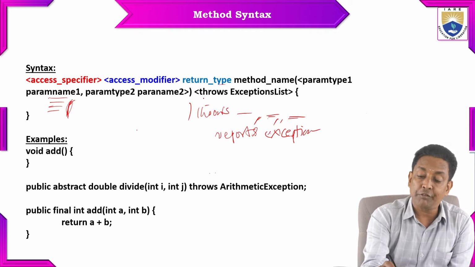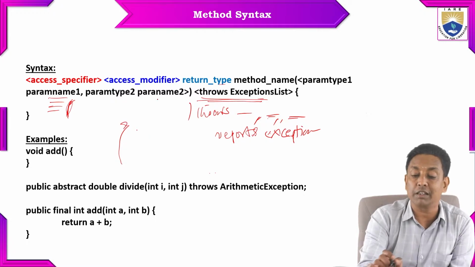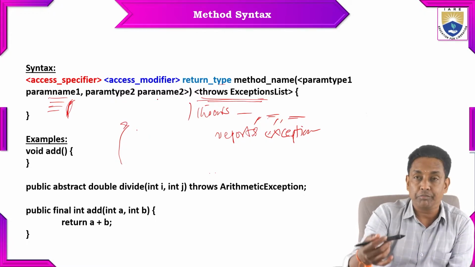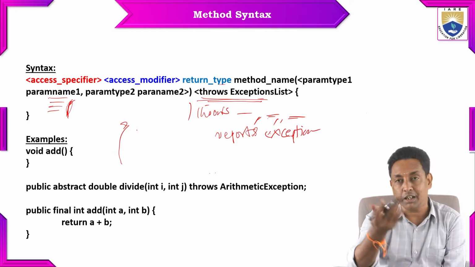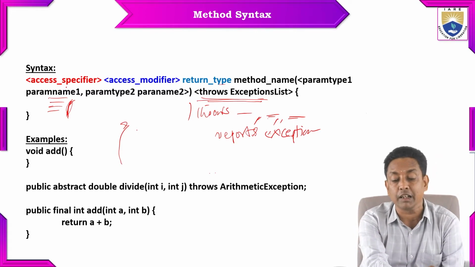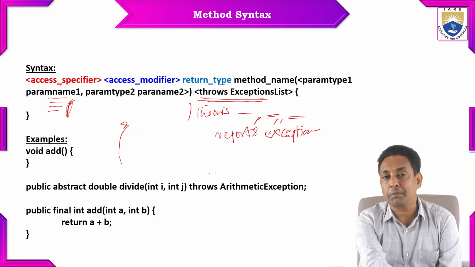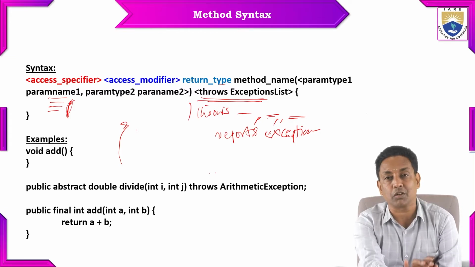The purpose of mentioning the throws clause with all the exceptions is for whoever is calling this method. In the API documentation of any method, on the left-hand side, the developer will see the access specifier prefix: public, private, or default, protected. Based on that, he will judge whether he can access this method or not.